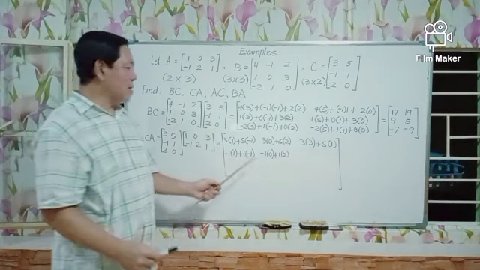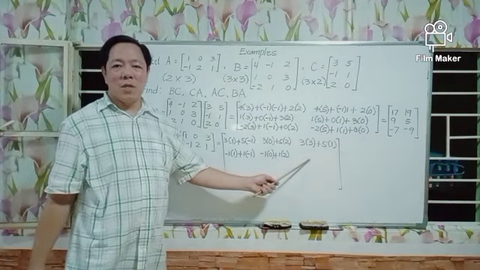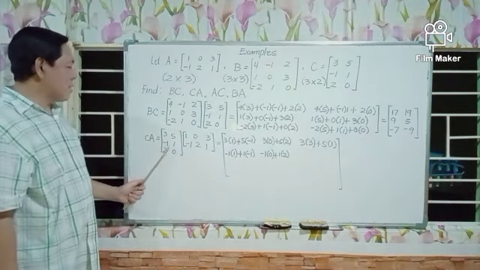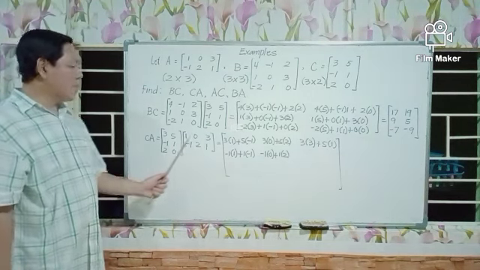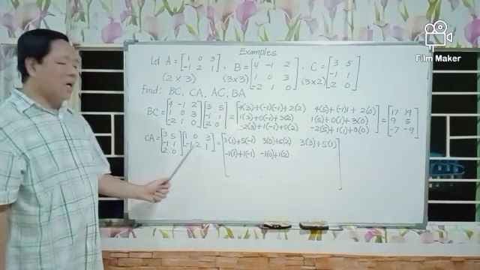And the last entry in the second row, third column, multiply the second row by the third column of the second matrix. Negative 1 by 3 plus 1 multiplied by 1.